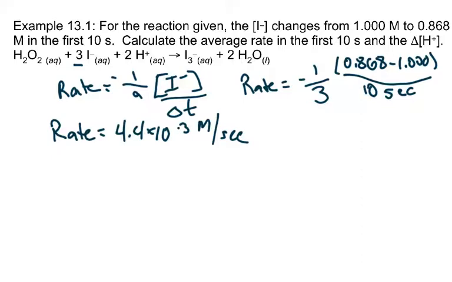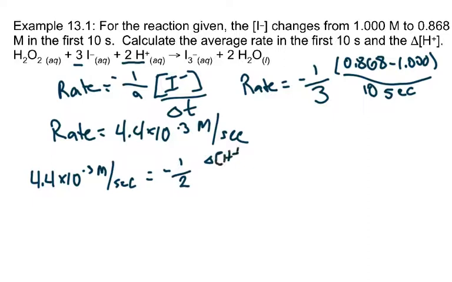Then I can plug that in for my hydrogen. So my rate, my 4.4 times 10 to the -3 molarity per second, is equal to my coefficient in front of my H is a 2, and it's a reactant, so it's defined as -1/2, my change in H plus over my same 10 seconds.